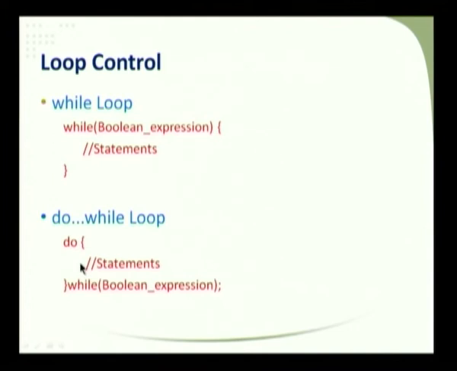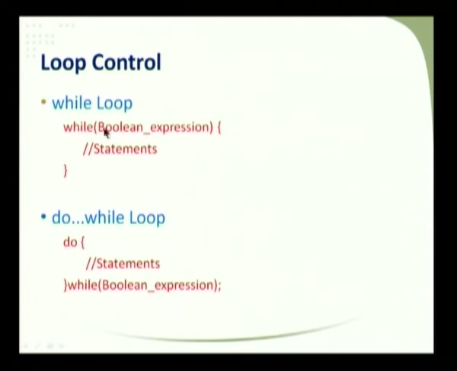The difference between while do and do while is that, for the first time it gets executed, do will not check any condition like the Boolean expression. The statements are executed directly, and only after their execution is the while statement checked.